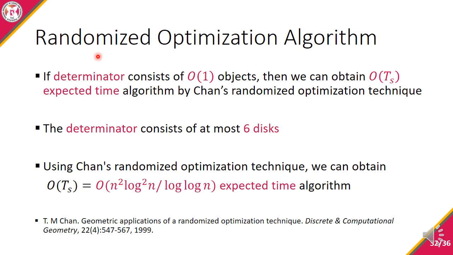If the determinator consists of constant objects, then we can obtain a randomized optimization algorithm by using this technique. The determinator of the two-piercing problem on disks consists of at most 6 disks. So, we can obtain a randomized optimization algorithm that runs in the following time.